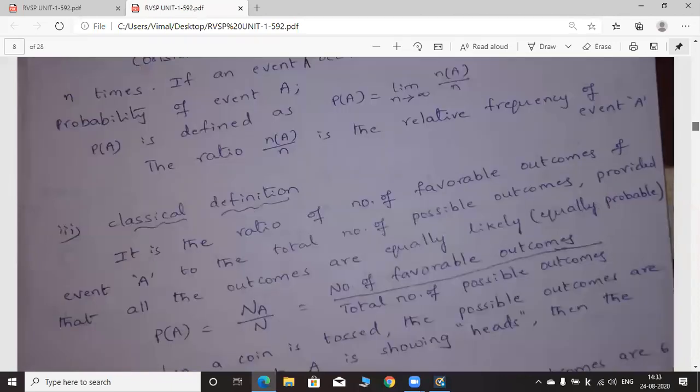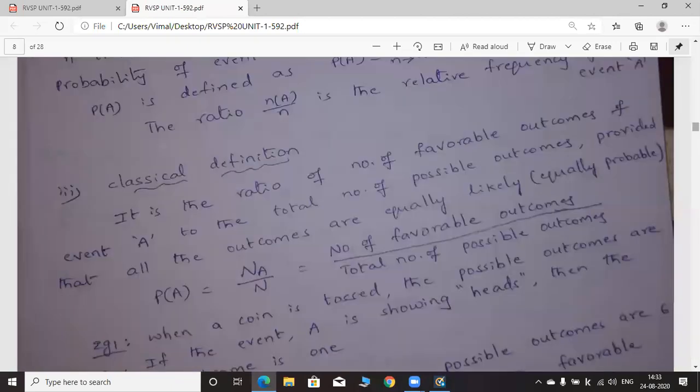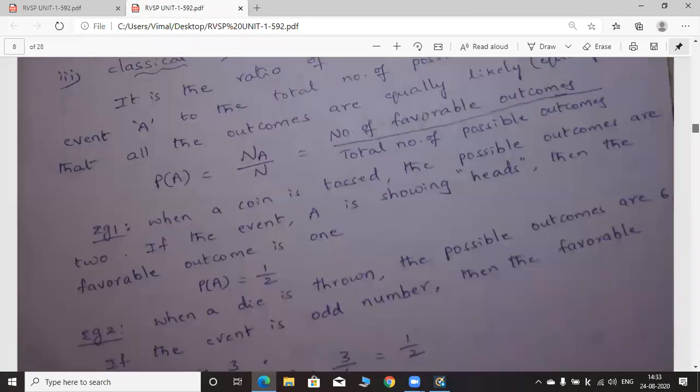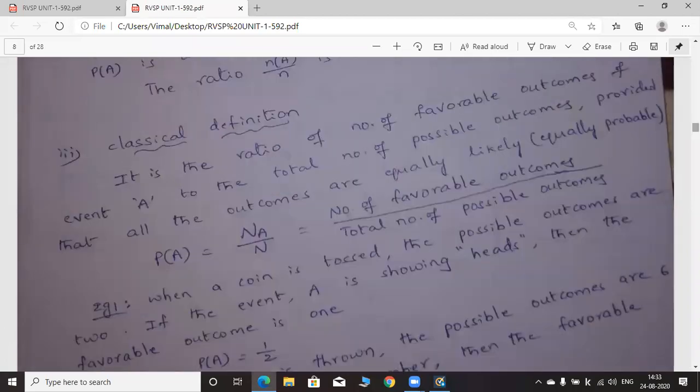Theory only. Next, classical definition. So the axiomatic definition and the relative frequency definition, two definitions, are completed for probability. Now I am going to discuss the classical definition. According to the classical definition, the probability can be defined as the ratio of the number of favorable outcomes to the total number of possible outcomes.